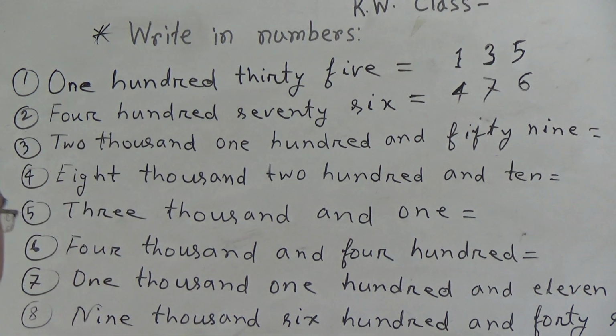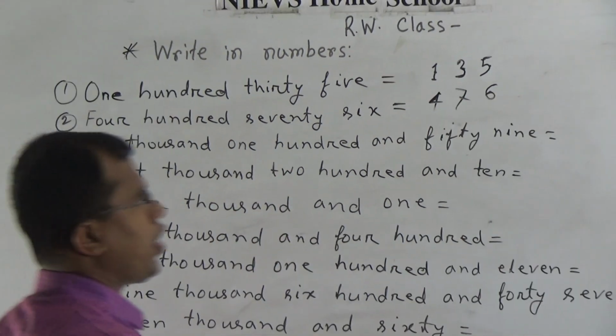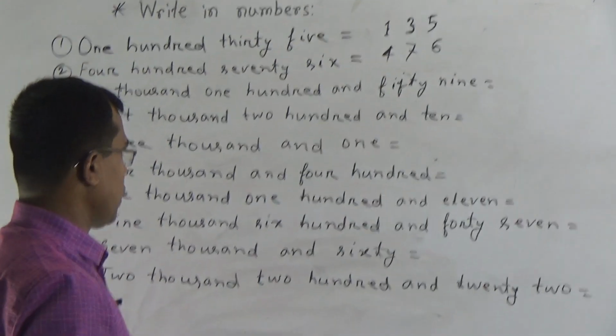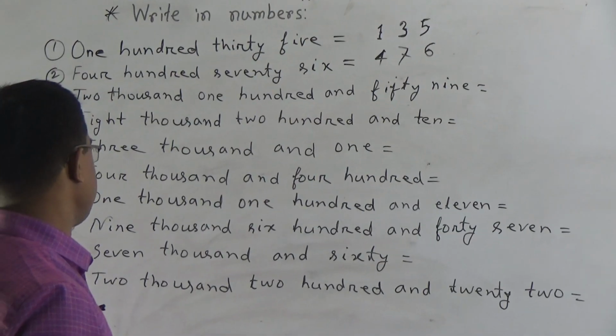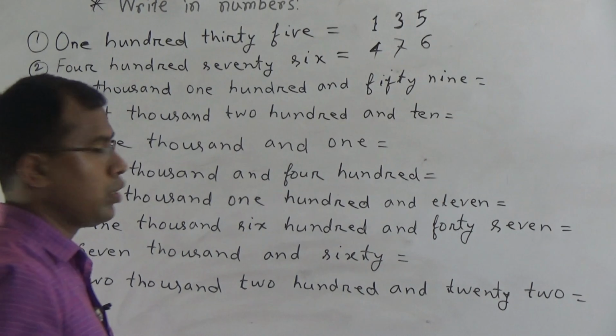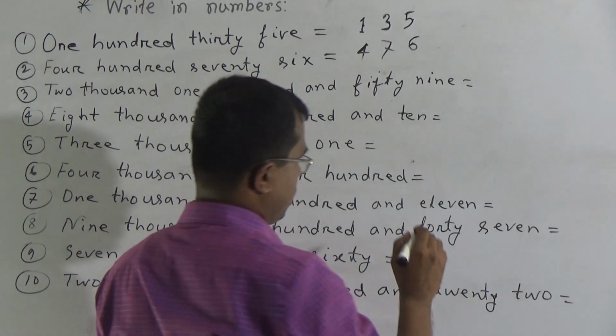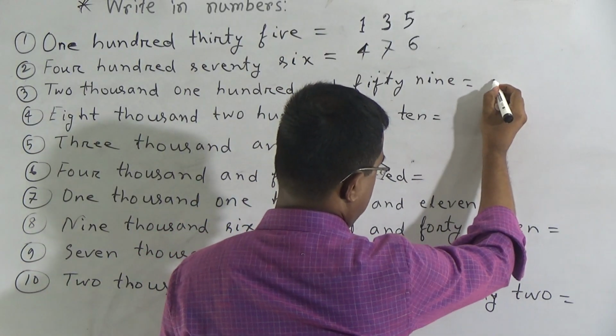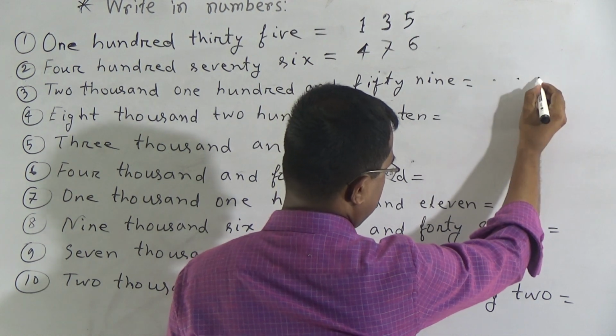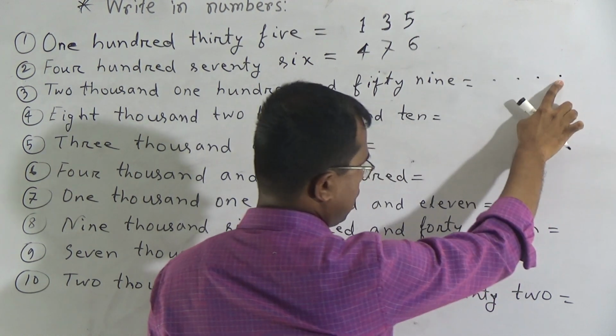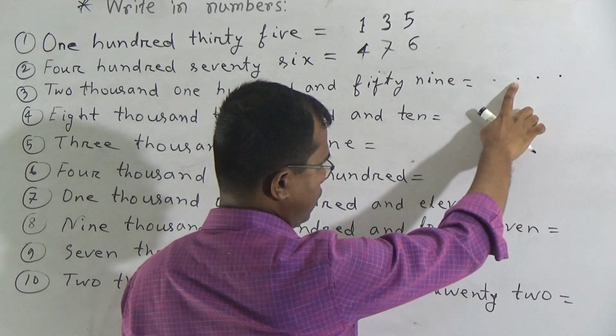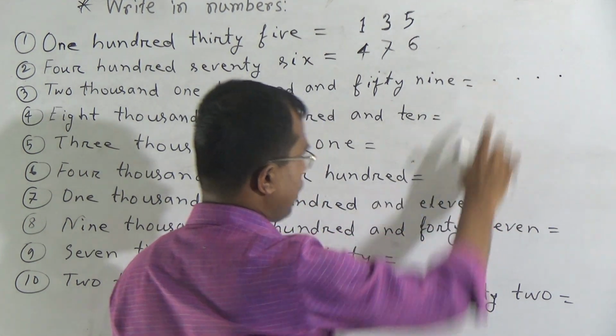Now number 3, 2159. Here a total of 4 places exist, and the highest place is the thousands place. So we have to take 4 dots, 1, 2, 3 and 4. This is for the ones place, this is for the tens place, this is for the hundreds place, and this is for the thousands place.